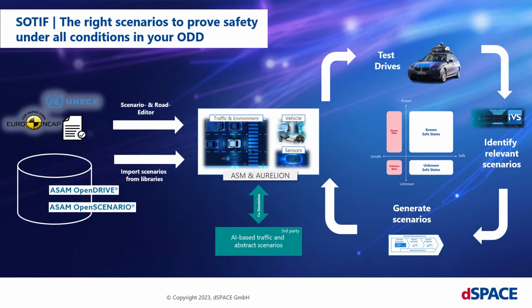Here, dSPACE works together with partners, for example, to easily set up co-simulations to simulate reactive traffic or abstract scenarios or AI-driven traffic agents. However, in this webinar, we focus on discrete logical scenarios. So let's go through the different approaches step by step.